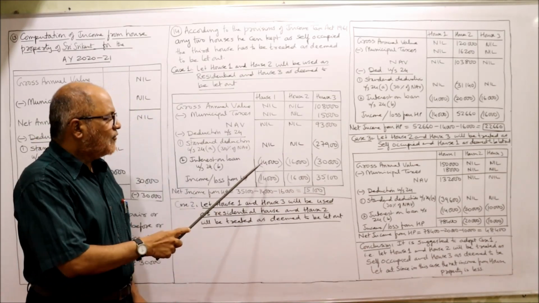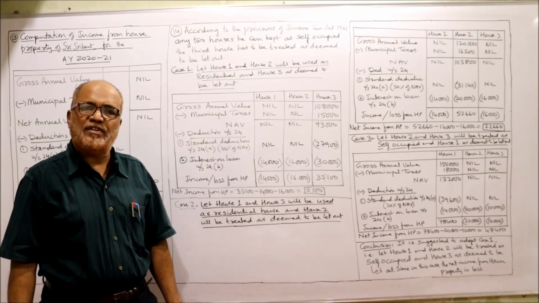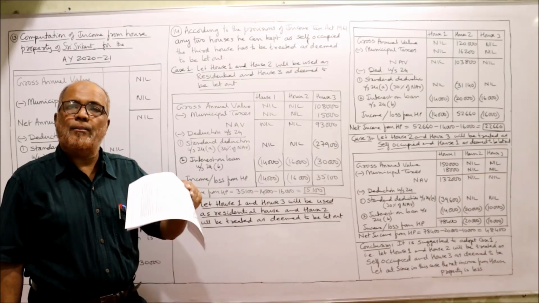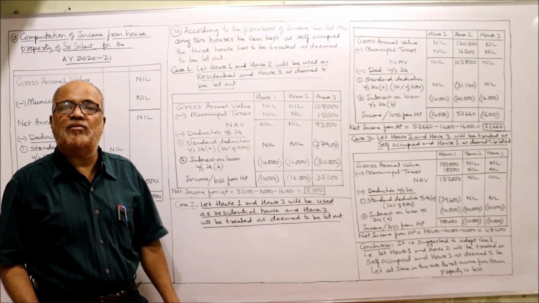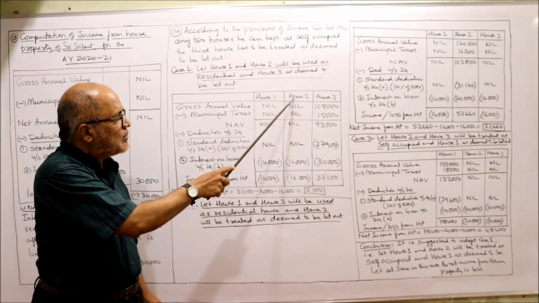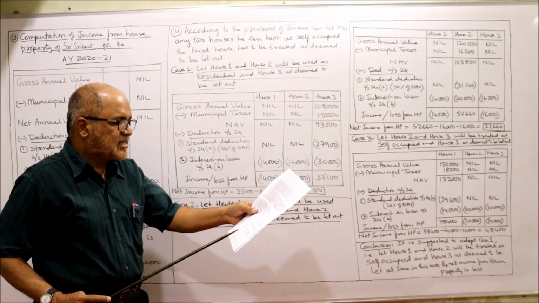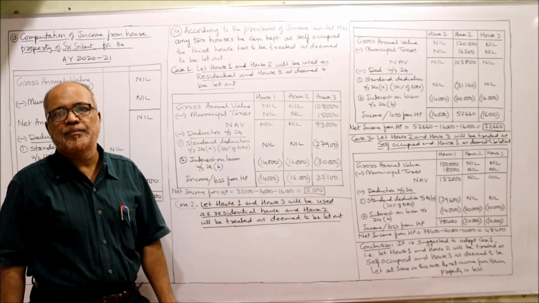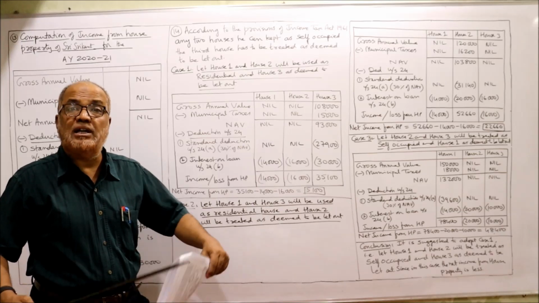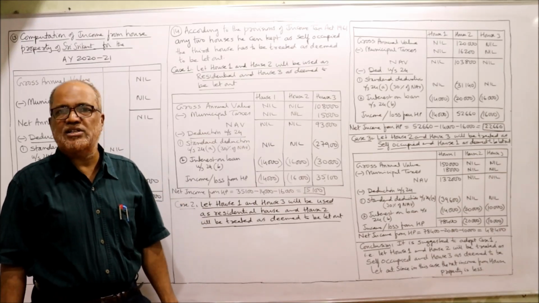Out of 30,000, 14,000 is allowed in the first house. So 30,000 minus 14,000, 16,000 is the maximum limit of deduction which can be given for house number 2. In the problem it is given as 20,000. We cannot give deduction for 20,000. If we give 20,000, it will become 34,000. 34,000 deduction is not available.